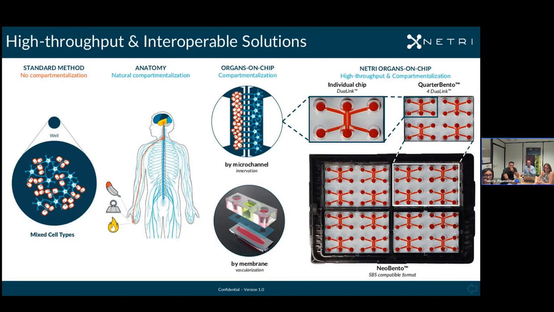Just to finish on that part, the technology itself is based on, as I said, one chip composed of 6 wells. Each chip is composed of 3 channels that are physically separated and independent, so the compartmentalization is achieved.